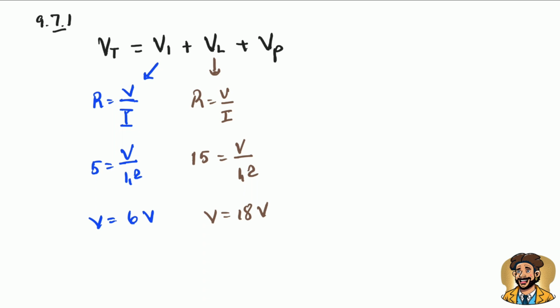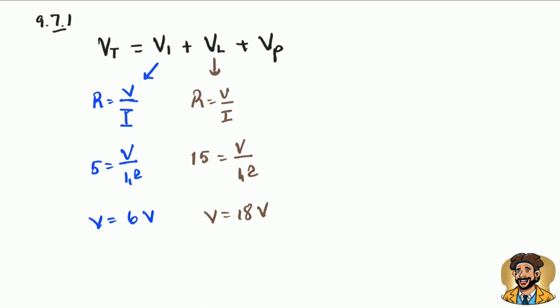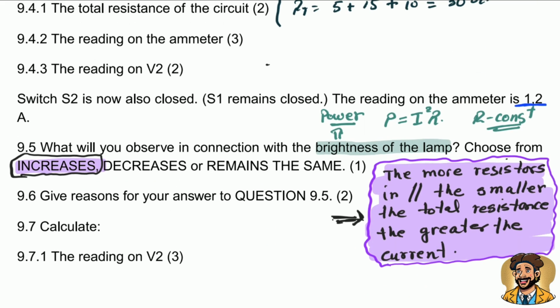I backtracked the question and noticed that they made a mistake in the current. There was, I guess, a typing mistake in the current, and it cannot be 1,2 amperes. This current does not increase all the way to 1,2 amperes, but rather to 0,58 amperes.